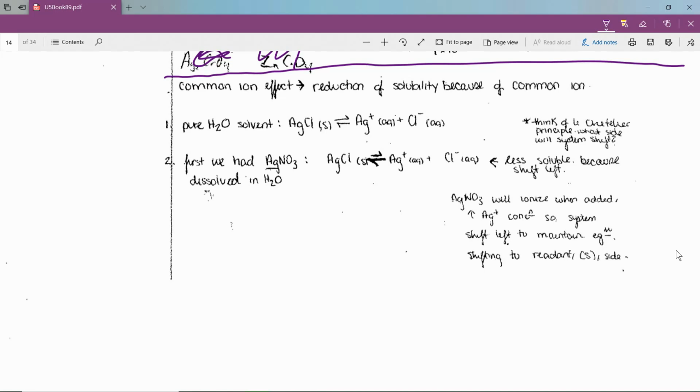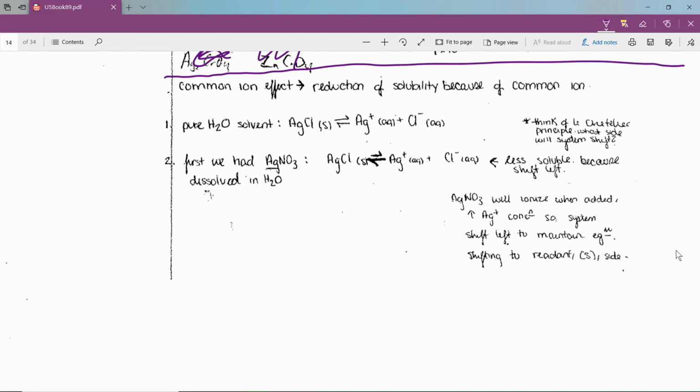But it is related to a common ion effect, which is not being able to dissolve as much of a solute in a solution which already has one of the components of the solute in it compared to dissolving in pure, unadulterated, lovely water.